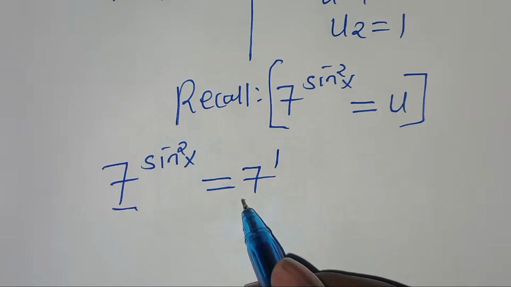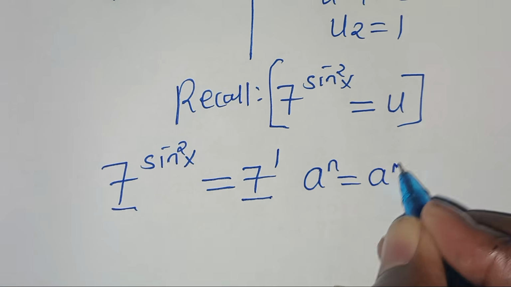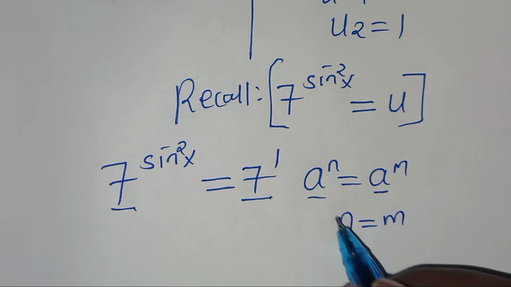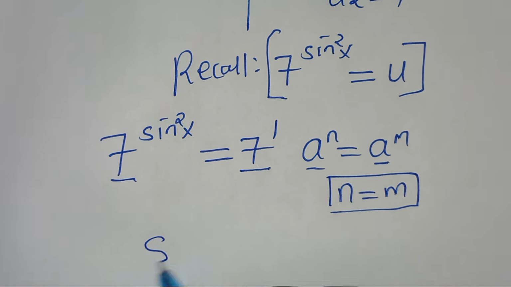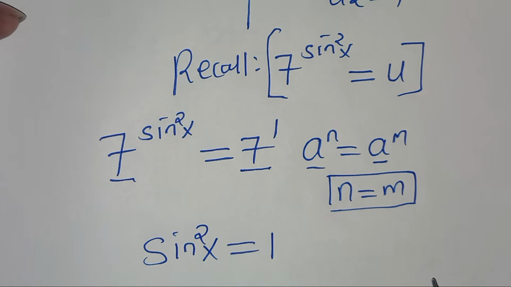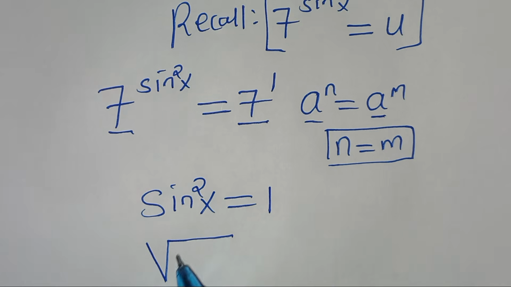Now, since the bases are common, that is a to the power of n equals a to the power of m, the exponent n should be equal to m. Applying this property, we have sine squared x equal to 1. To solve for sine x here, we introduce a square root on both sides.